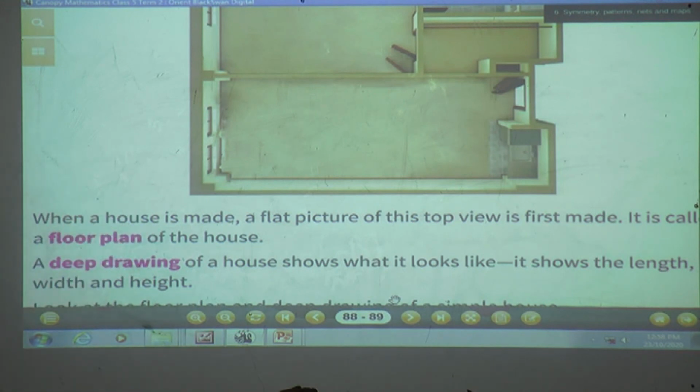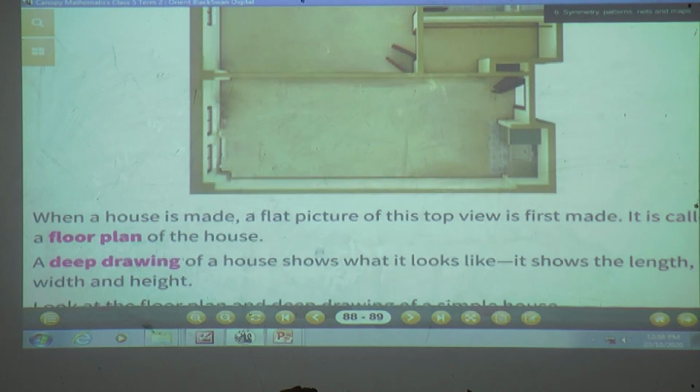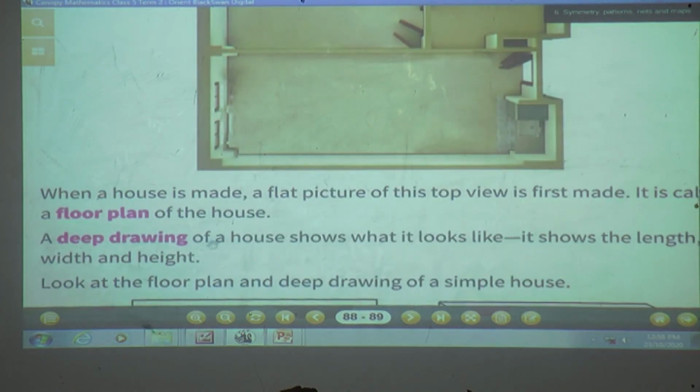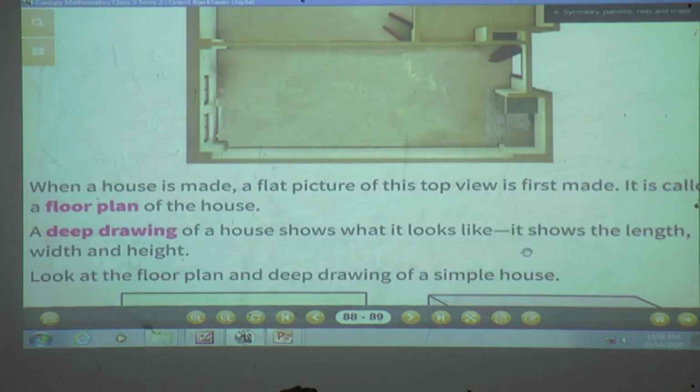Now a deep drawing. So what is meant by deep drawing? A deep drawing of a house shows what it looks like. It shows the length, width and the height. So this is the definition of deep drawing.